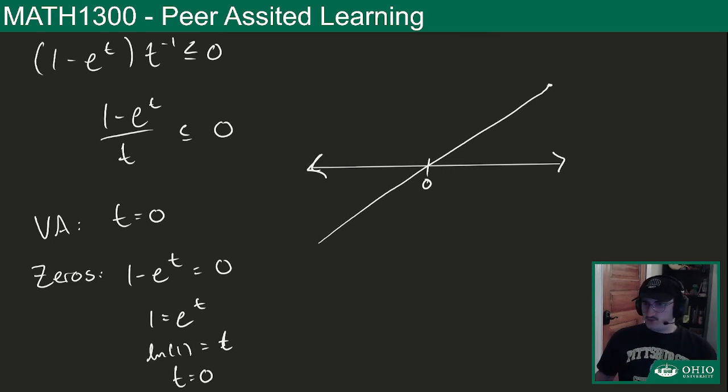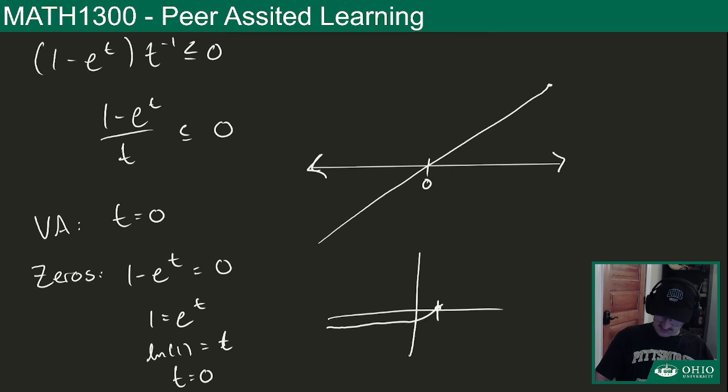Now let's imagine what that function 1 minus e to the t might look like. I know that I have a 0 at t equals 0 on my graph. And if I think about what e to the t looks like, it's an ever-increasing exponential function.